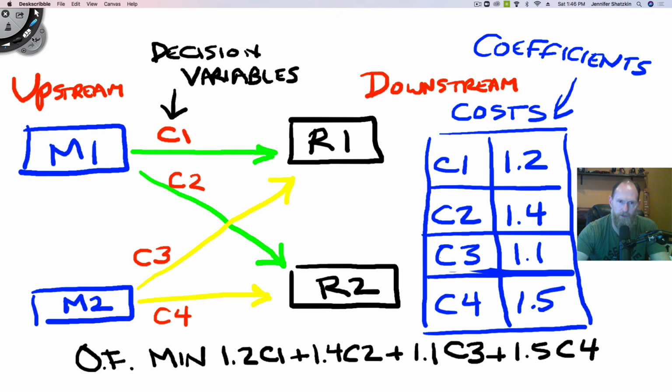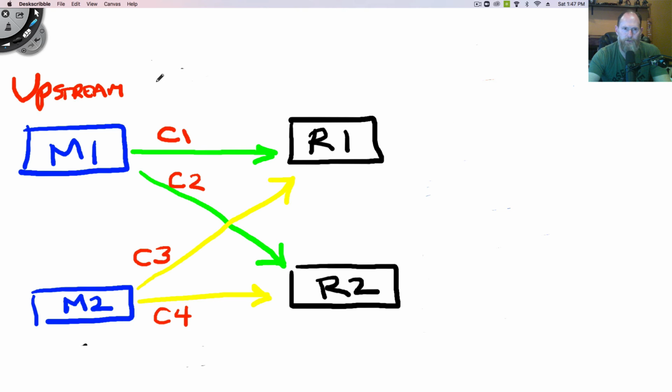So let me get set up for that. I've gotten rid of my coefficients. Hopefully I've got them parked somewhere else, or you do too. I realize these are my variables. I also removed my objective function just so I've got some space here on the screen that I can write, because I'm going to use it up.